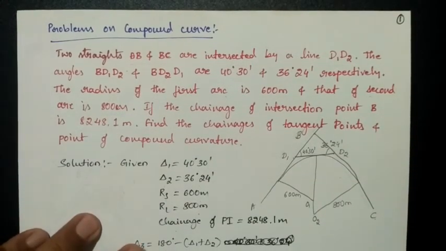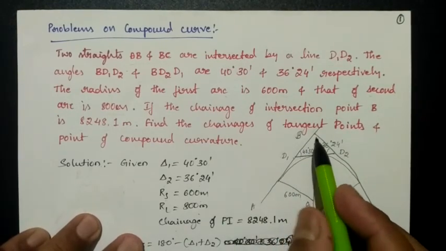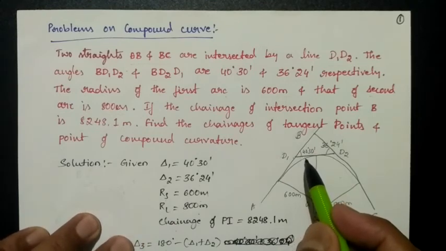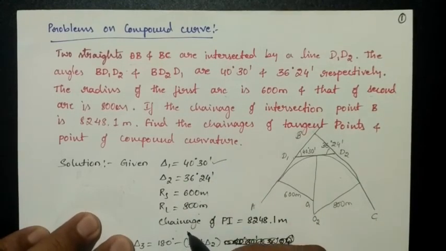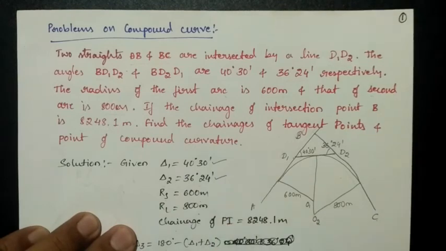Now we have to decide what are these things. BD1D2, as we know, if we see the typical diagram, it will be delta 1, that is delta 1 is equal to 40 degree 30 minutes. Then BD2D1, it is delta 2.